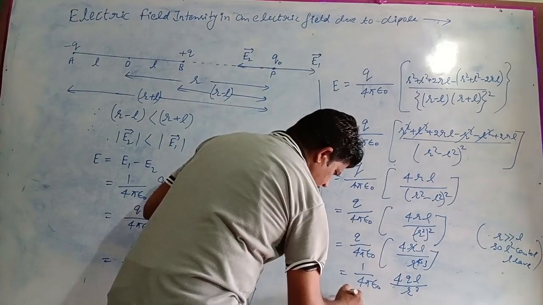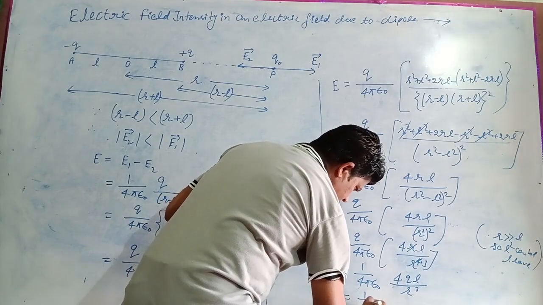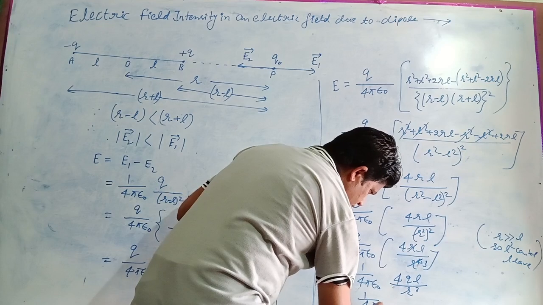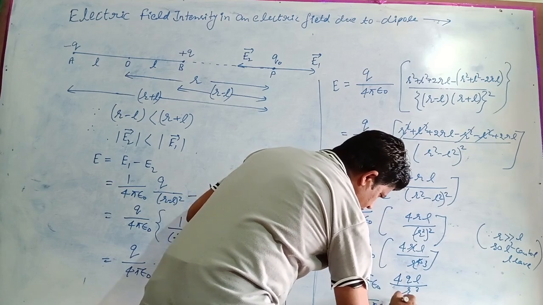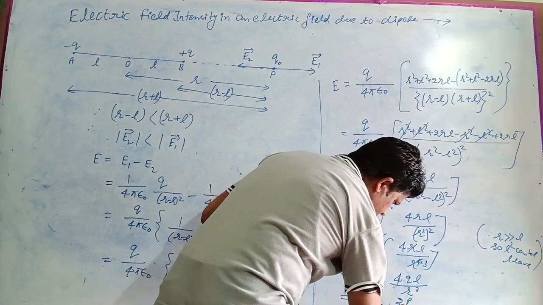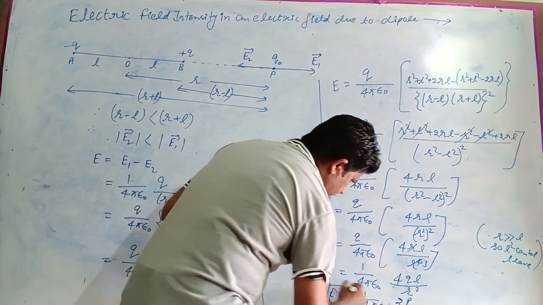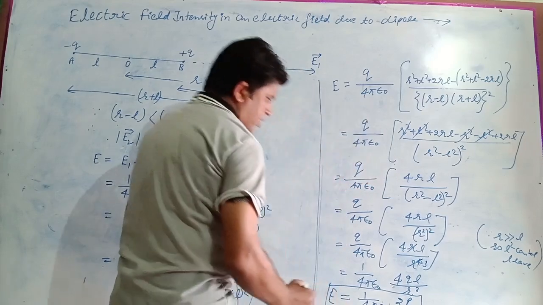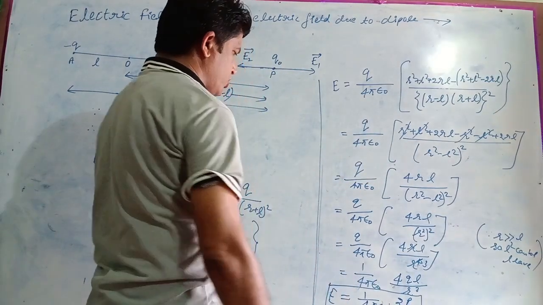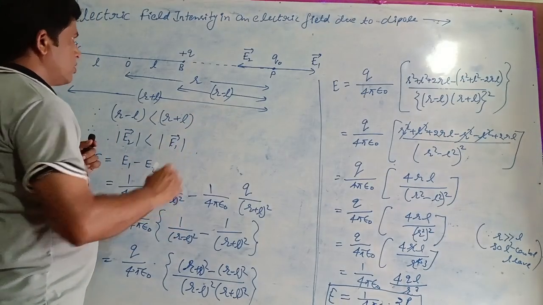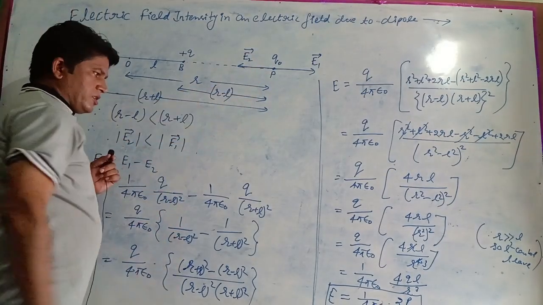So we will find here 1 upon 4 pi epsilon naught and 2P upon R cube. So here is our electric field intensity due to an electric dipole at this point P.